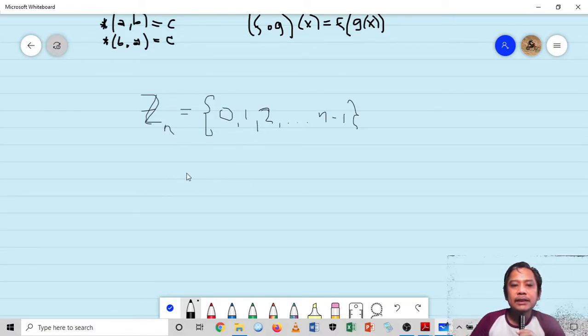We can then define an operation plus sub n. We call it addition modulo n.